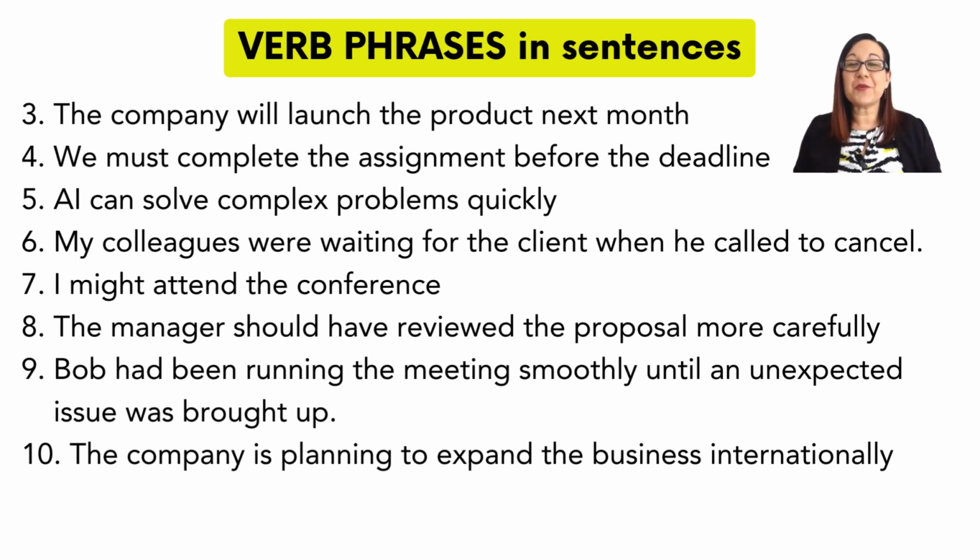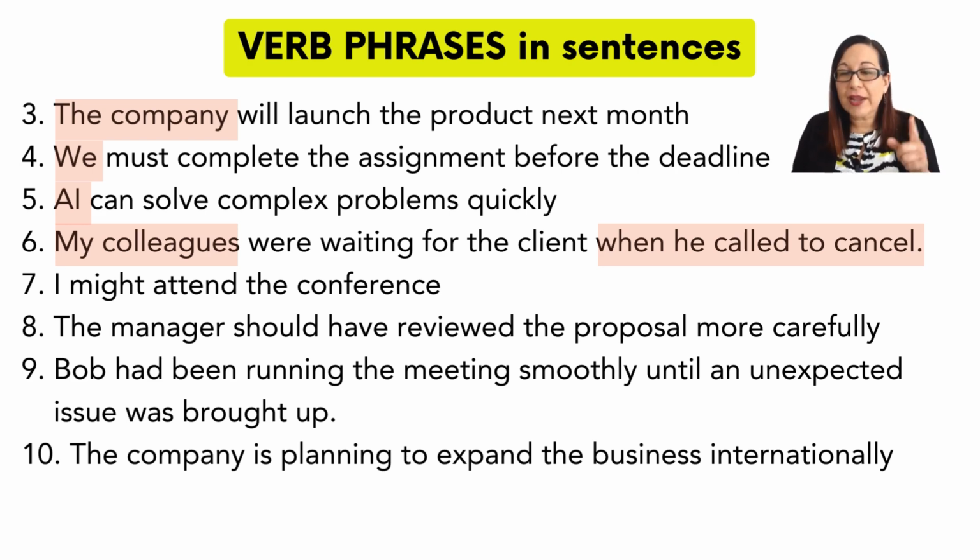So compare what you wrote to my simple sentences. The company will launch the product next month. We must complete the assignment before the deadline. AI can solve complex problems quickly. My colleagues were waiting for the client when he called to cancel.